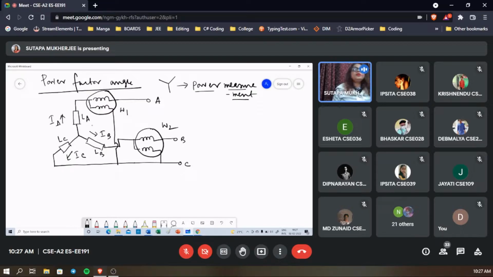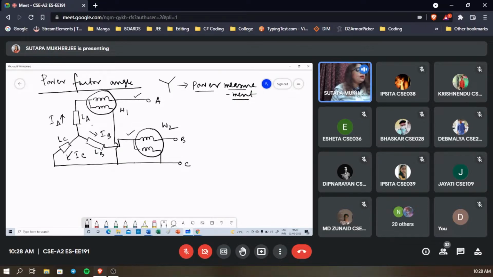What have we done here? Two wattmeters are used in two phases. Only two wattmeters are enough to measure the 3 phase power.